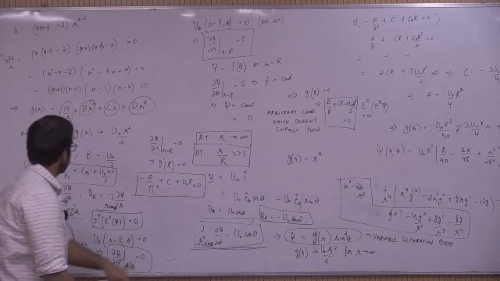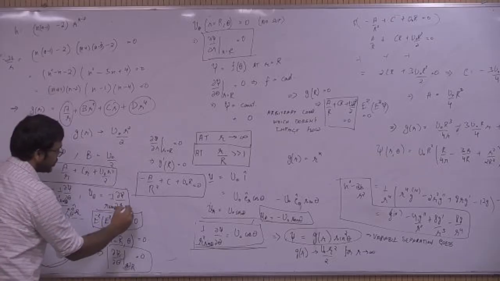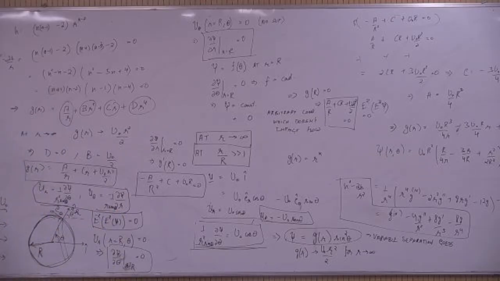Once we have solved for the stream function, we can use these two expressions to solve for velocity. I can solve for velocity u r and u theta using the stream function.